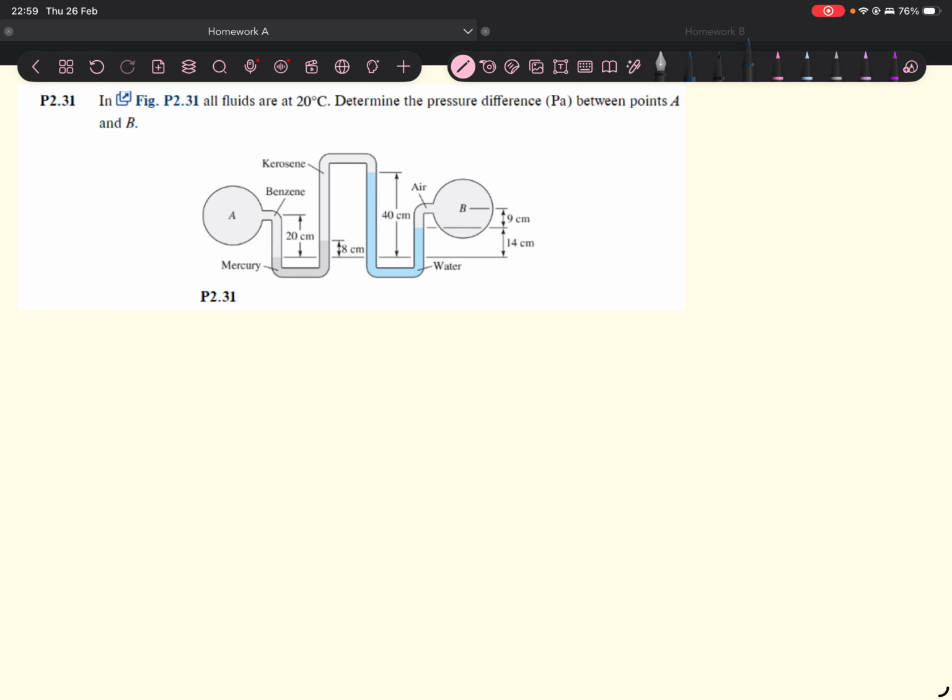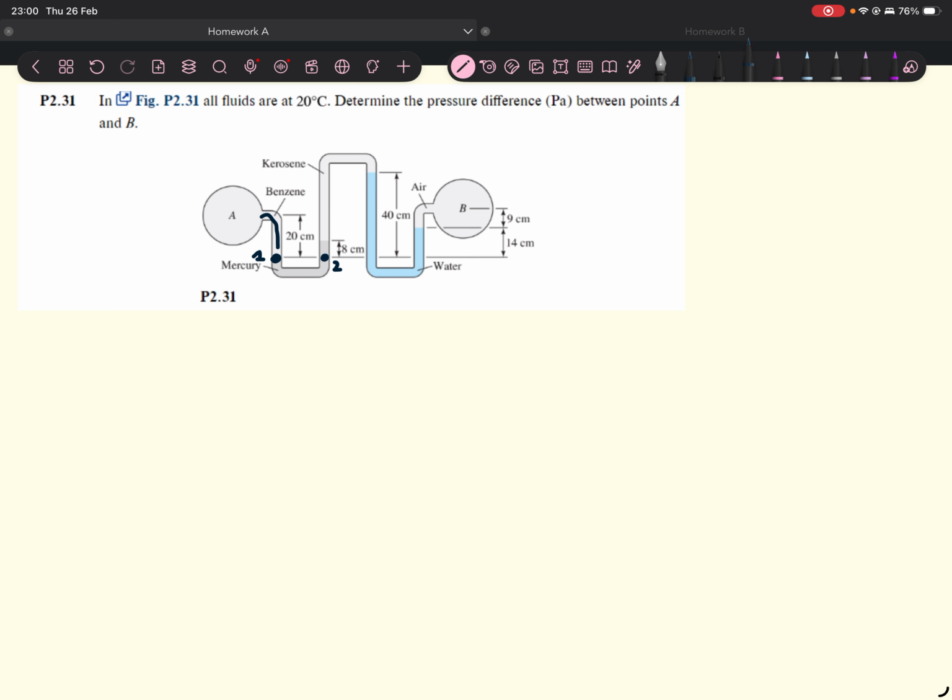Okay, so the pressure here, we're going to call that P1. Pressure there, we're going to call that P2. As you're labeling your pressures, follow the pipe as well.